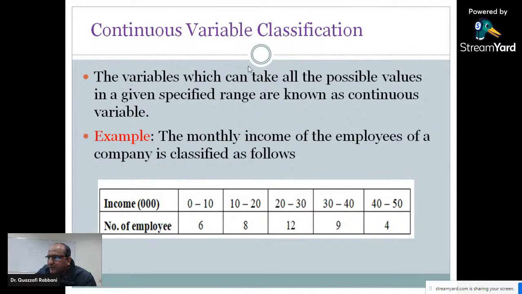For example, continuous variable classification. Here the monthly income of the employees of a company is classified.